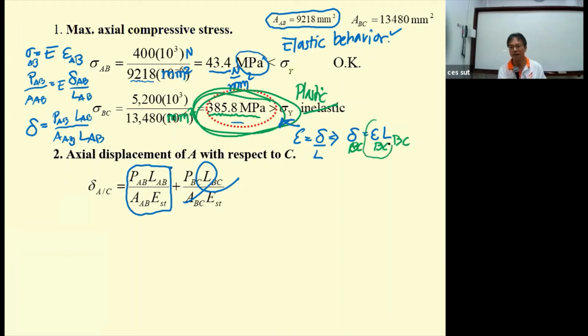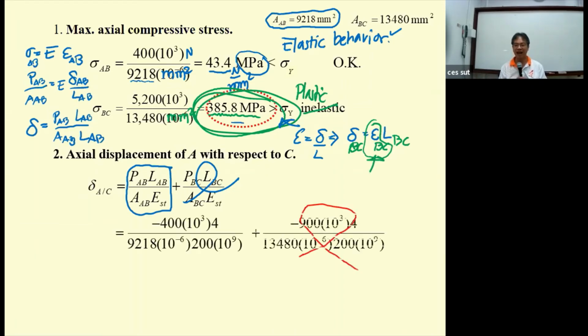The problem is strain sub BC cannot be determined from Hooke's law. This strain sub BC will be determined from the stress-strain diagram. This one cannot use this equation; it will be determined from the stress-strain diagram.